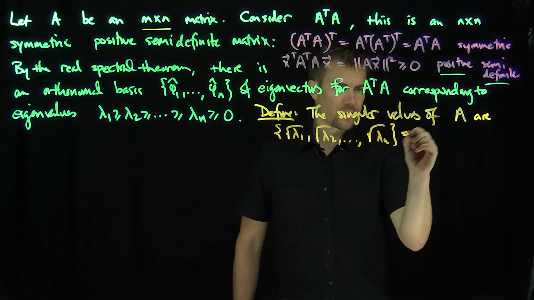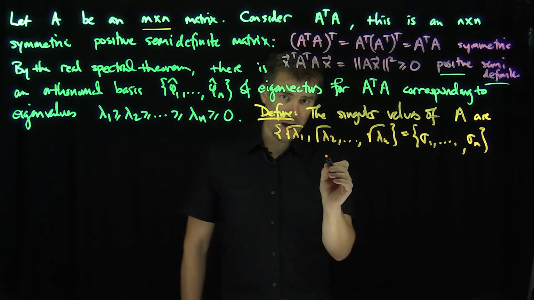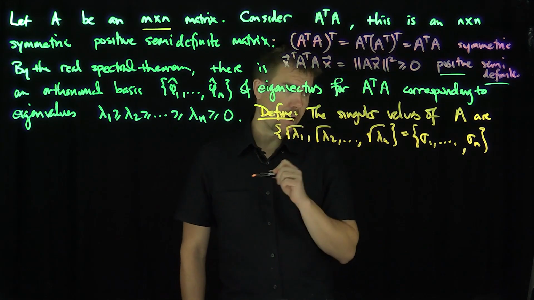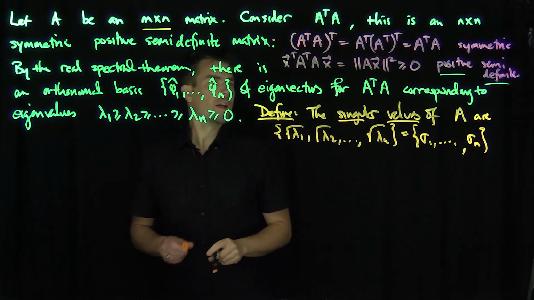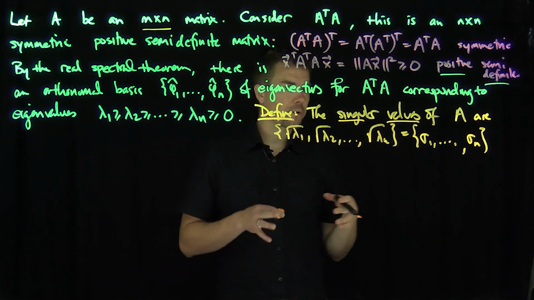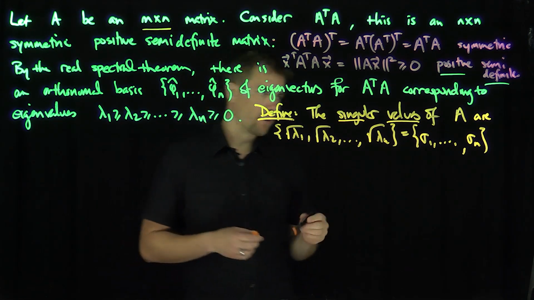We write these as sigma 1 through sigma n, where sigma i is the square root of lambda i. Over the next couple of videos, we're going to try to understand the properties of these singular values and see how the matrix A treats them.